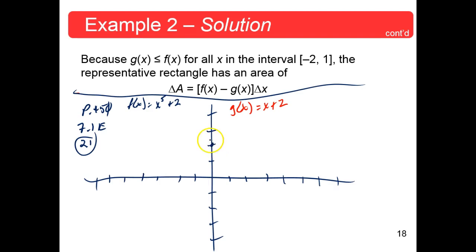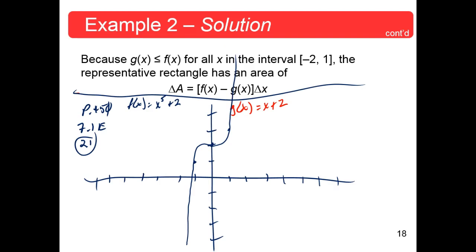X equal to 1, we would be at 3. X equal to negative 1, we'd be at 1. And if you go to x equal 2, you're way off scale, okay? So it's a function that looks somewhat like this. It's probably not that distinct, but something kind of like that.